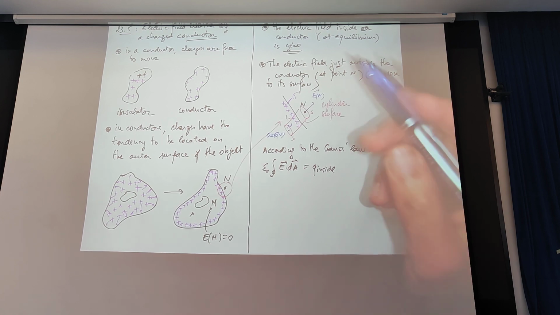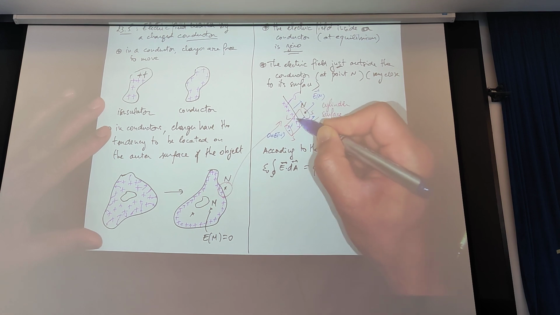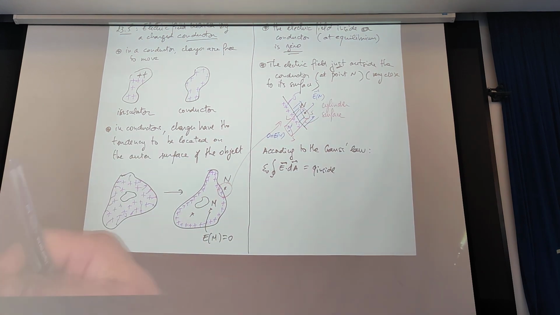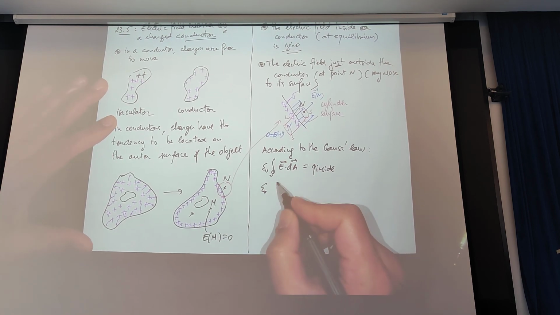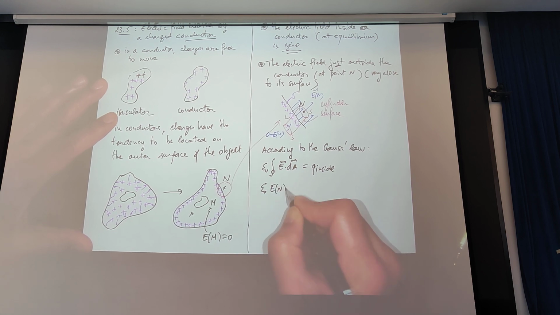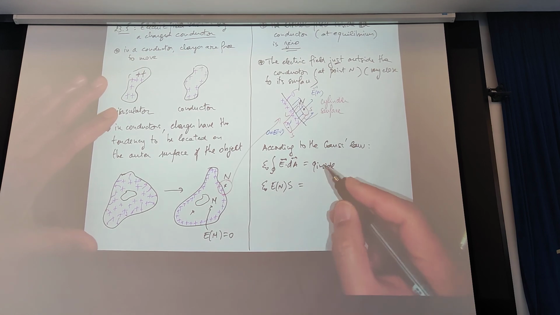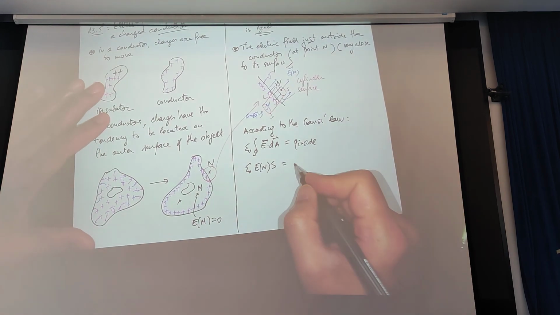Locally, all the electric field lines are perpendicular to the surface, as before. So the flux through the lateral surface of the cylinder is again 0. At the end we have epsilon 0 times E of n times S, and the charge inside is like before, sigma S.